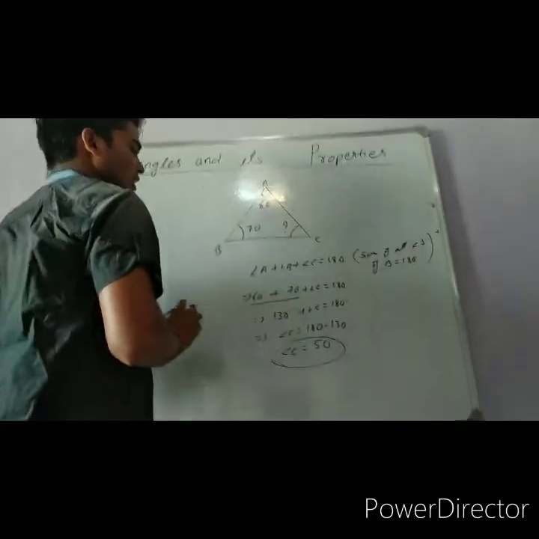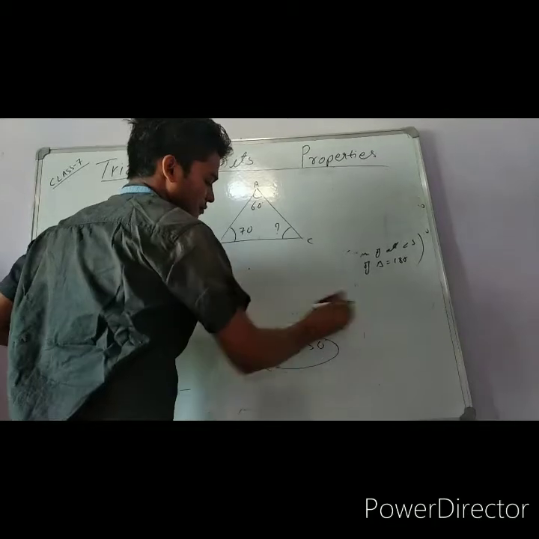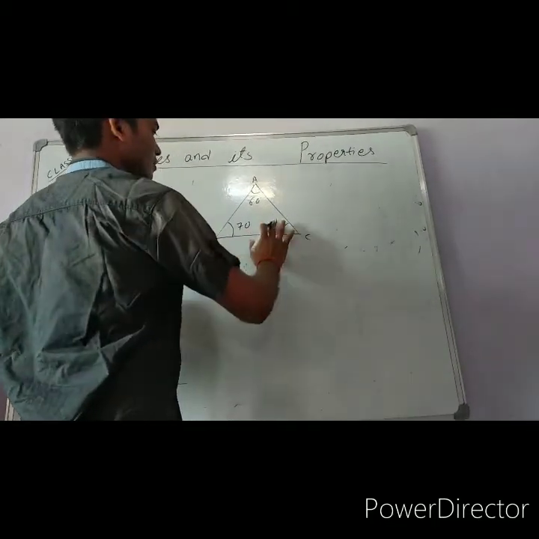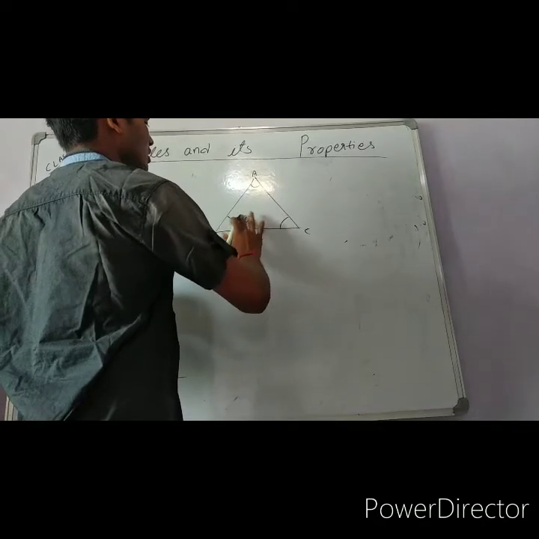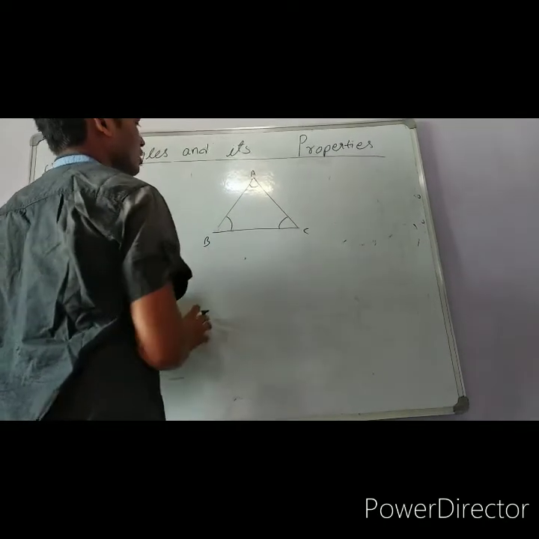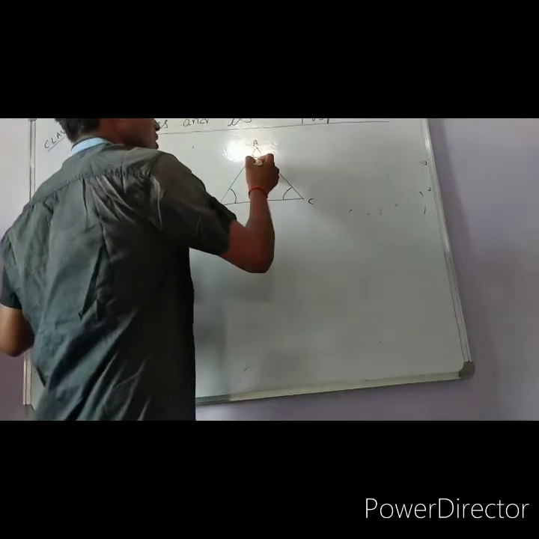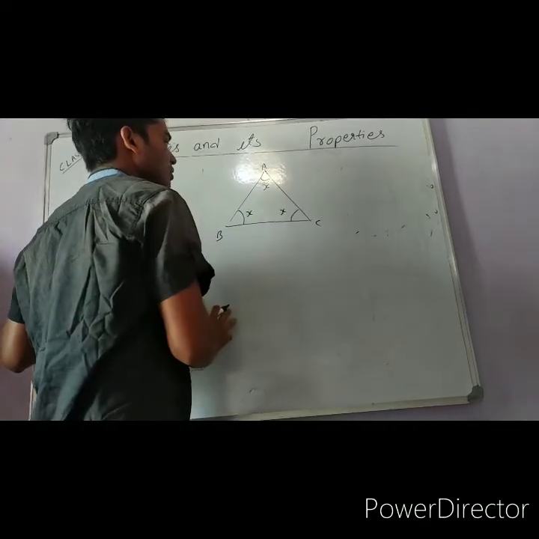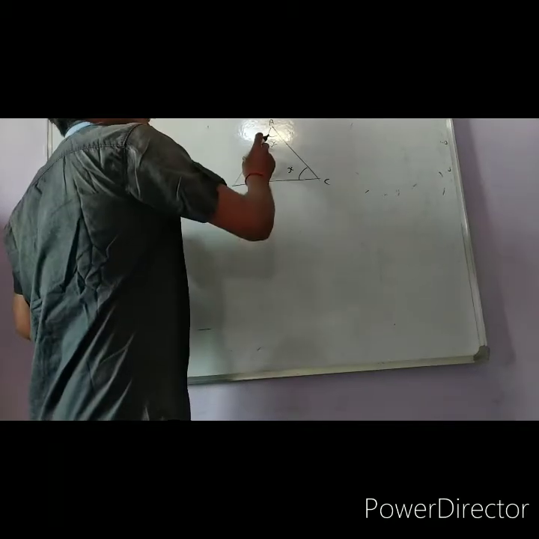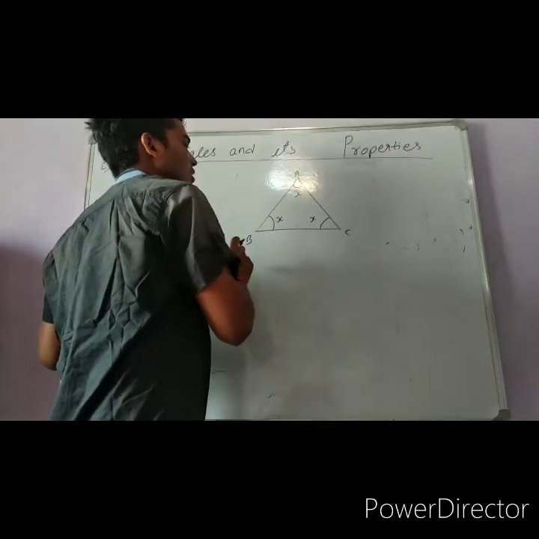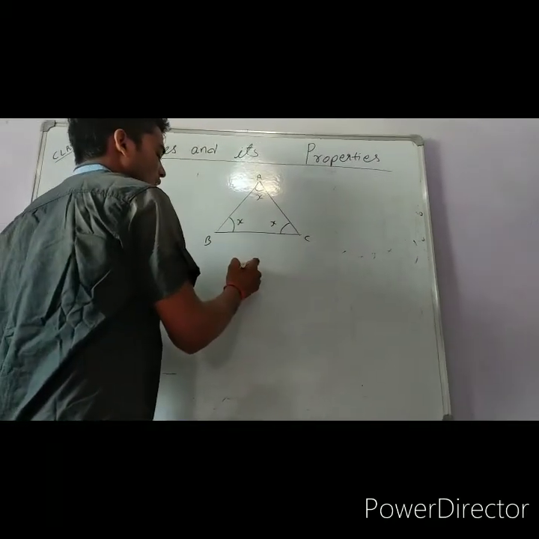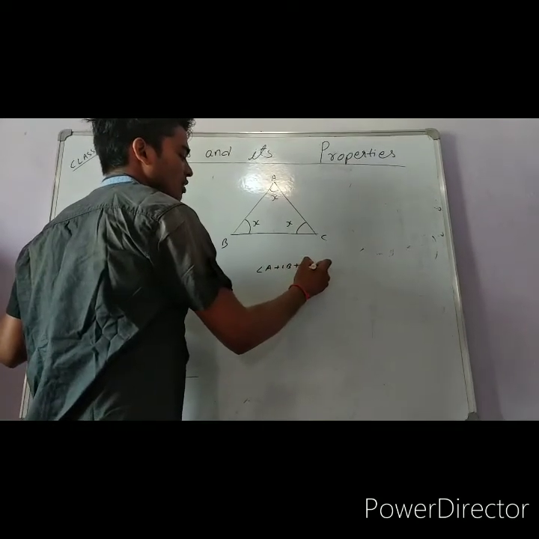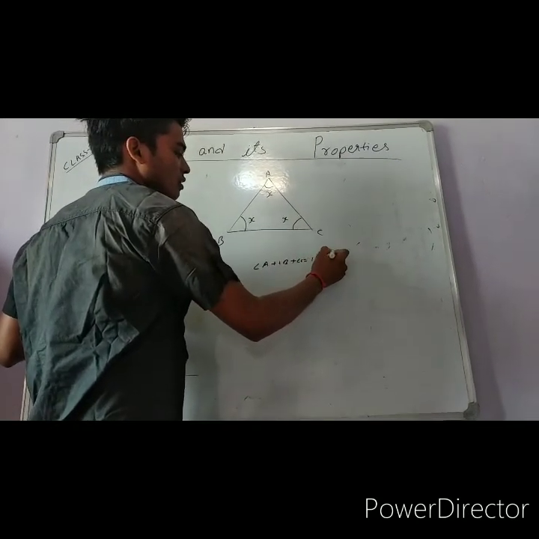Another type of question you get is where all the angles are unknown, but you are given some condition. Given that all angles are x degree, again angle A plus angle B plus angle C equals 180 degree.